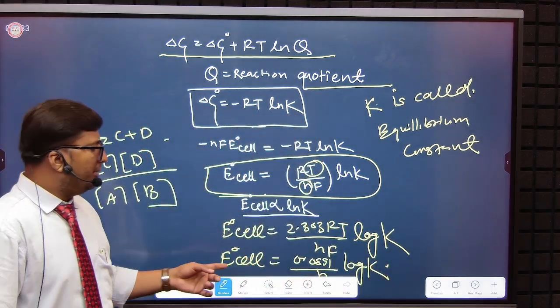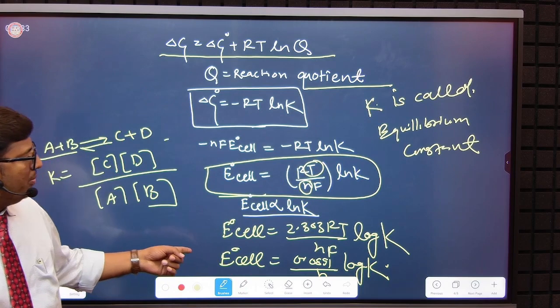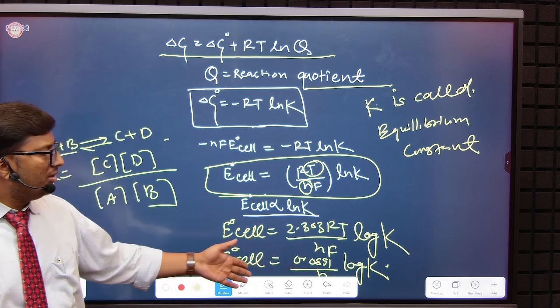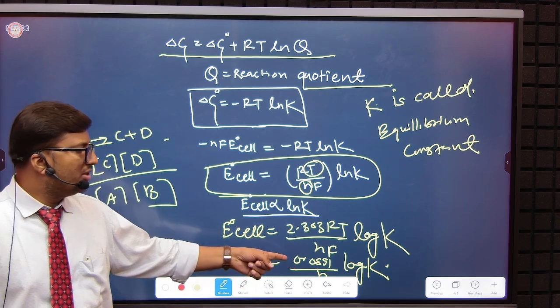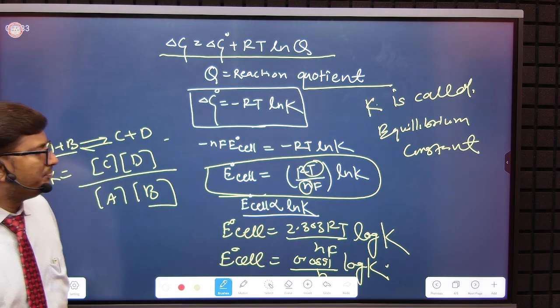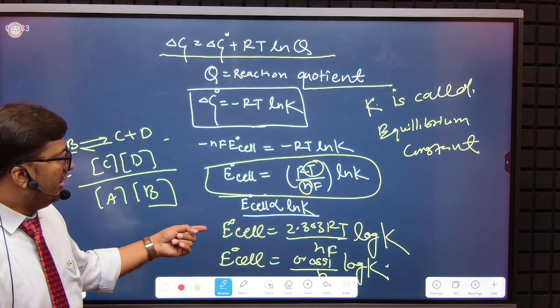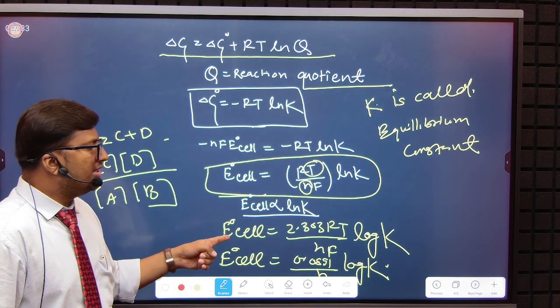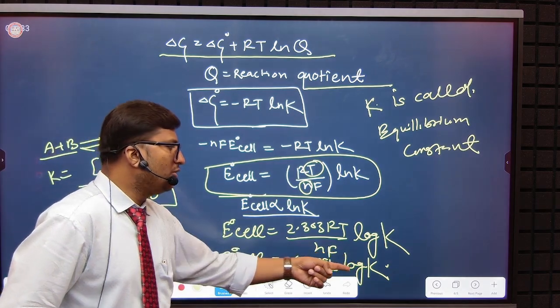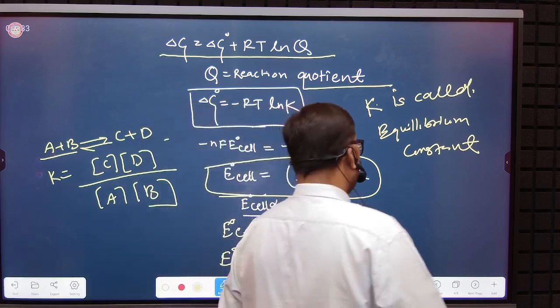Here, the electrochemical potential of the cell depends on the number of electrons. If n is 1, then simply E0 cell is equal to 0.0591 log K, right? It means this electrochemical cell potential depends on the equilibrium constant, and it is directly proportional to the log of the equilibrium constant.